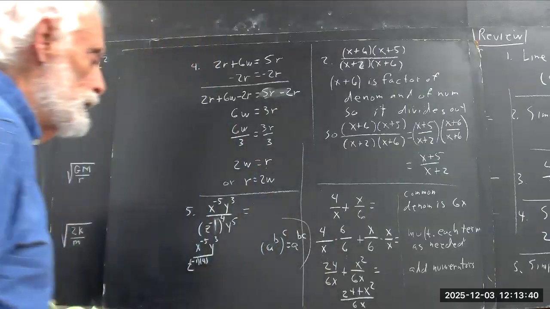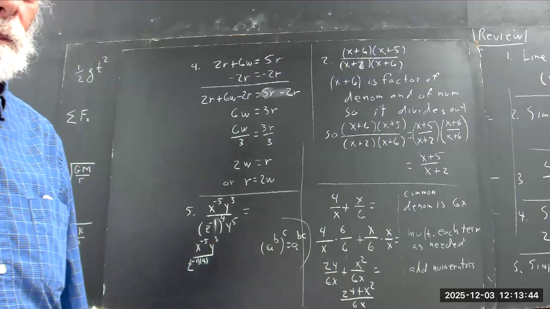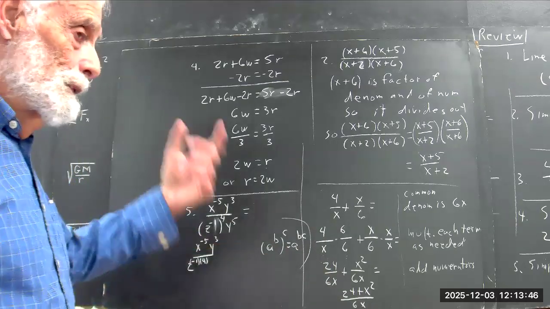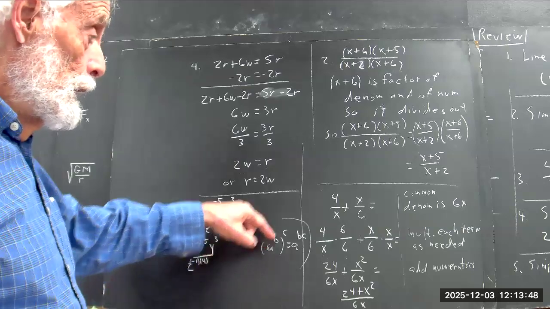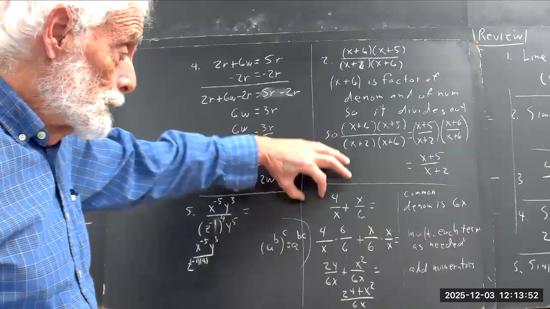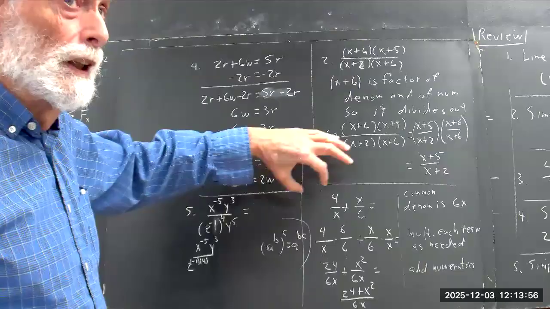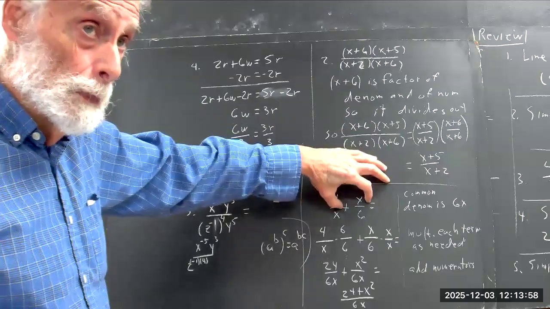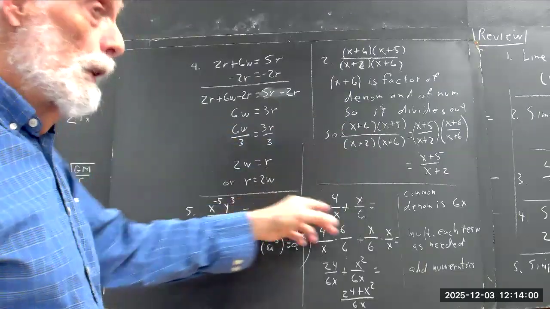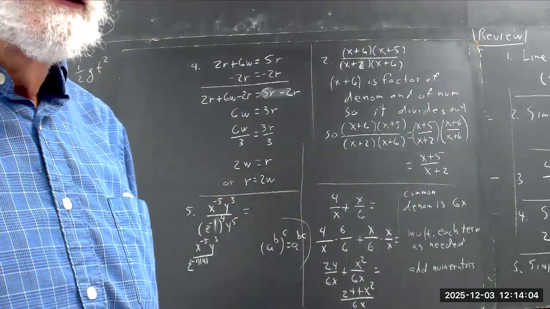Now you want to go back and be sure you understand these rules for exponents. What we really said was a squared to the third power would be an a squared times an a squared times an a squared, which would be a times a multiplied by a times a multiplied by a times a. Count them, there are 6 of them. 6 a's multiplied together gives you a to the 6th.